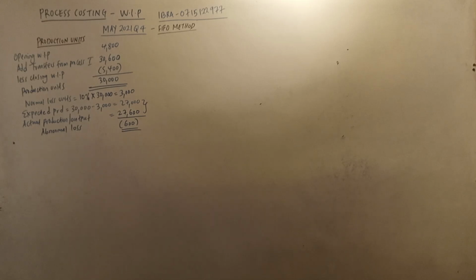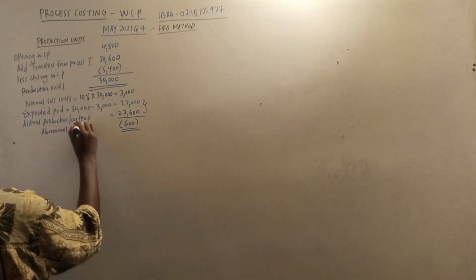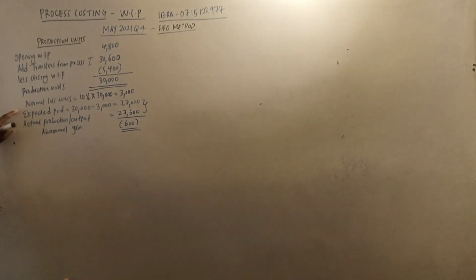If you find a negative, it is a gain, sorry. Where expected is less than actual, it's a gain. But if expected is more than actual, it is a loss. In this case it is a gain.